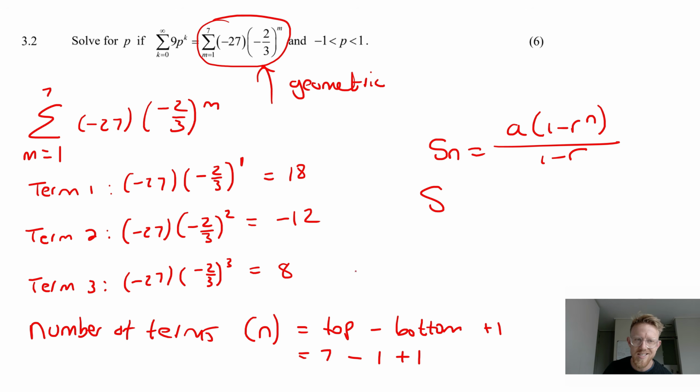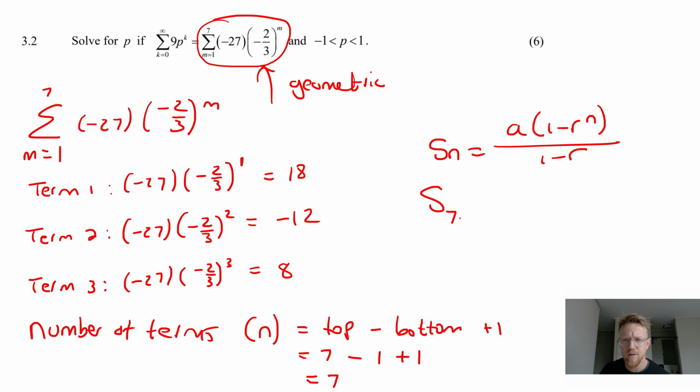So in this scenario, because this is a 1, these two are going to cancel, and you are going to end up with 7 terms. But that doesn't mean that every time you do a sigma question you always take that as your number of terms. It's only true when this is a 1, and in many exams this won't be a 1, so please be careful.